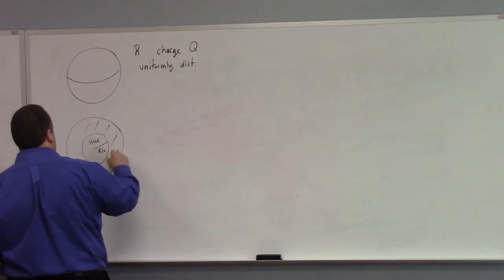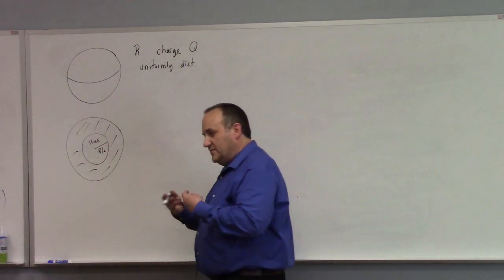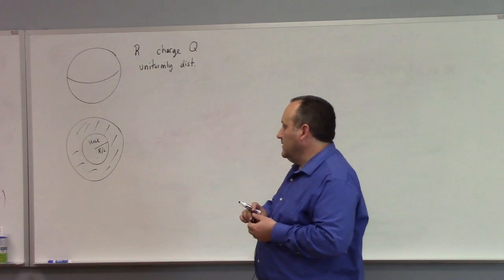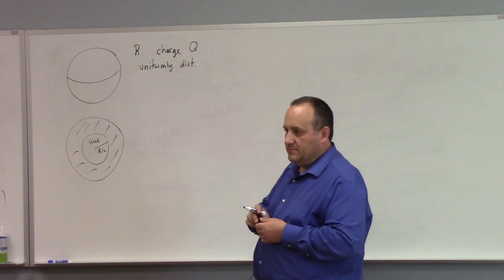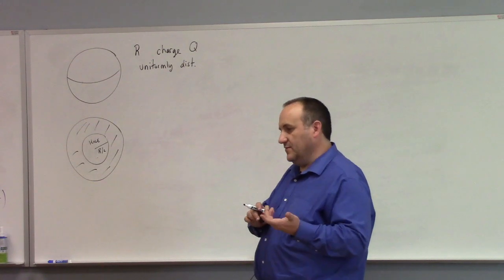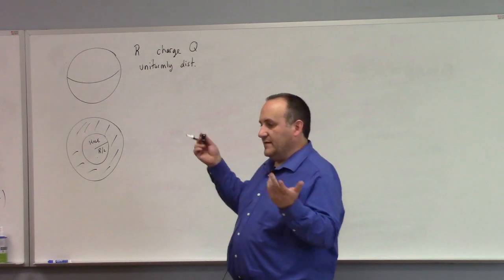But out here, we still have the same charge distribution, same density we had before. Then the question is, what's the electric field in all of the different cases? There are 3 cases to think about: inside the hole, inside the charged region, and outside the charged region.